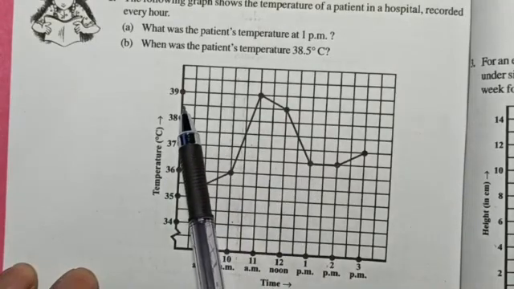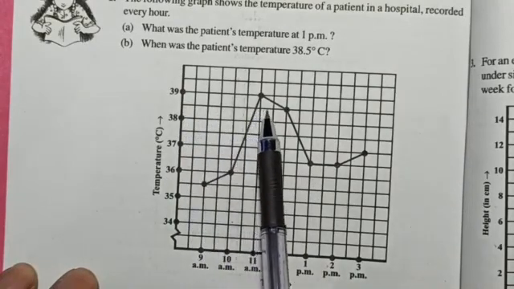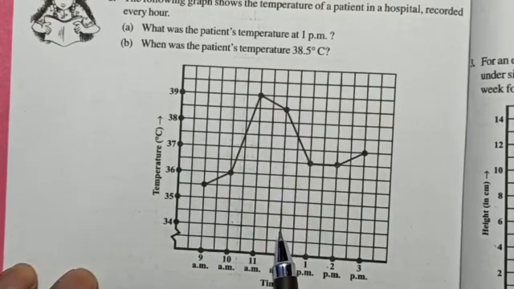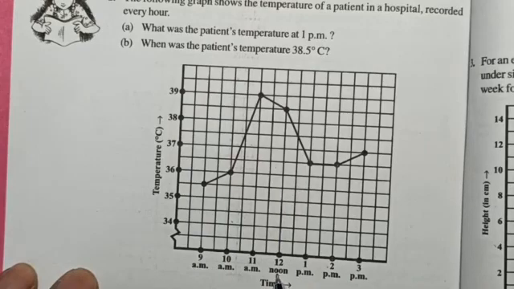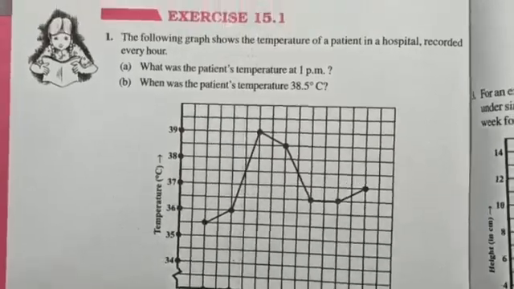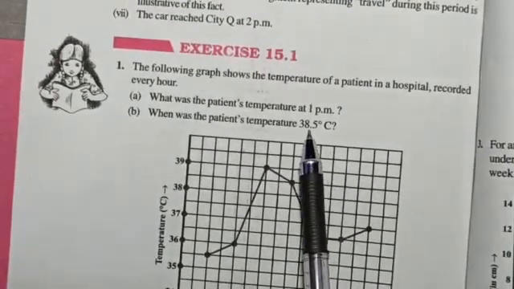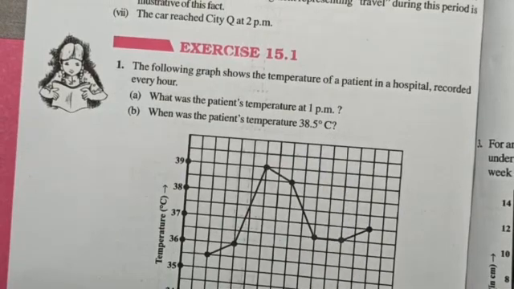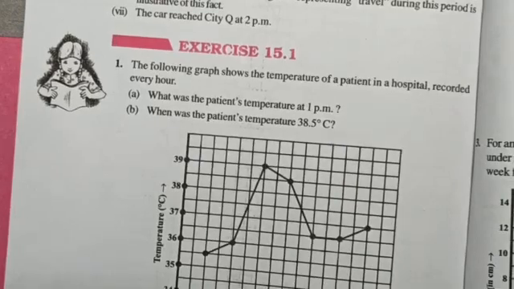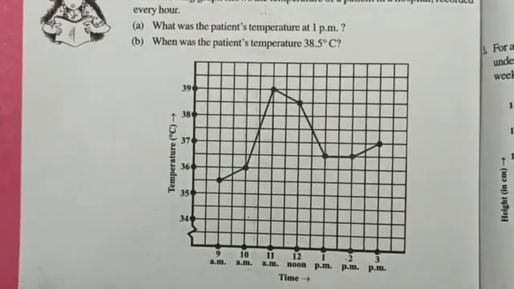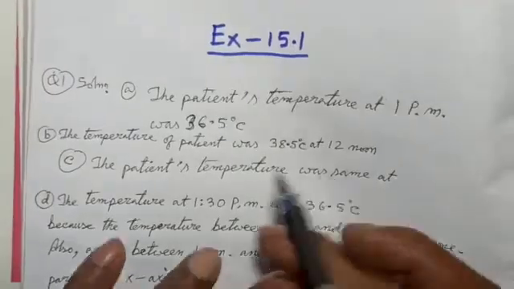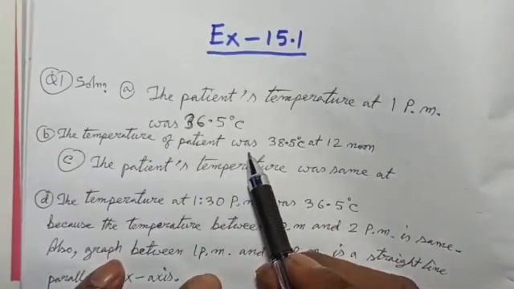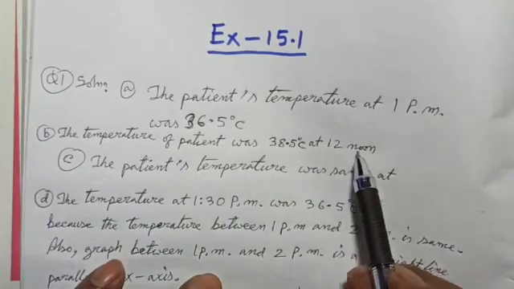And if we move along this line to this point, and then go below, this is 12 noon. So at 12 noon, the patient's temperature was 38.5 degrees Celsius. So the answer is 12 noon.